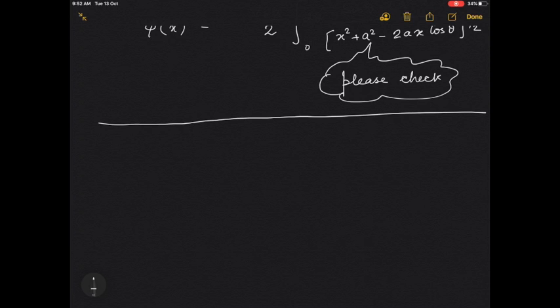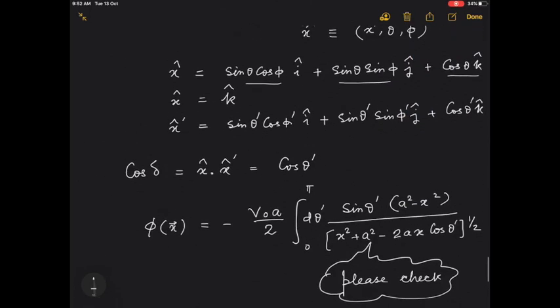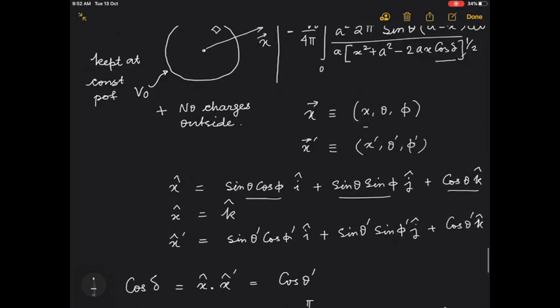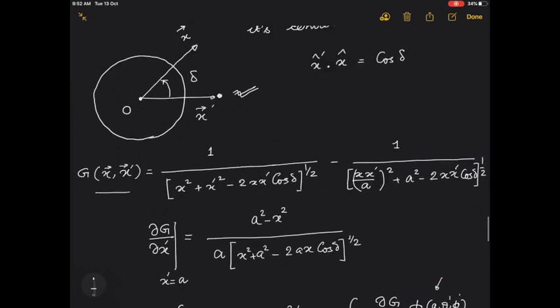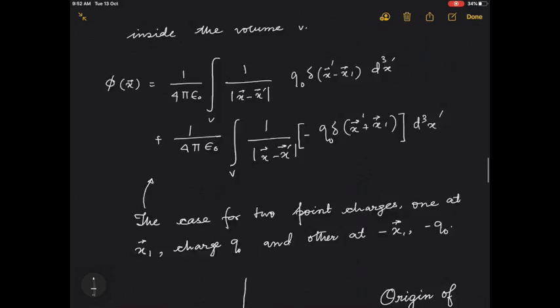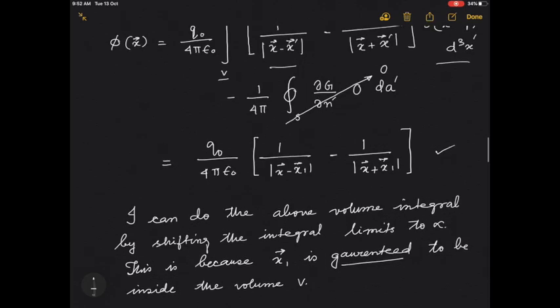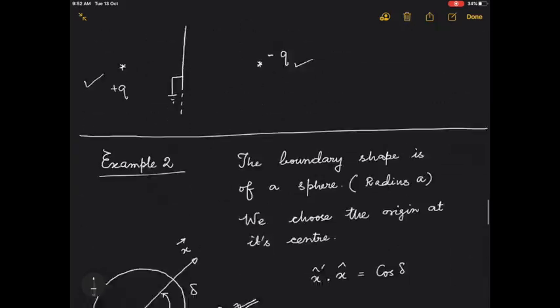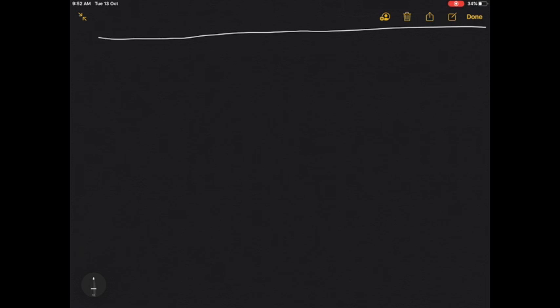All the contribution came from the fact that there is a spherical surface where a potential is kept constant. Okay, so that is the essence of the way of solving electrostatics and magnetostatics problems using the Green's function technique.